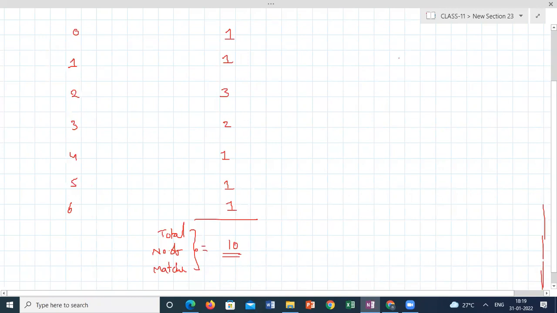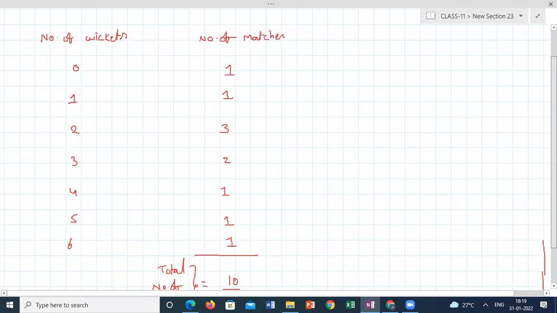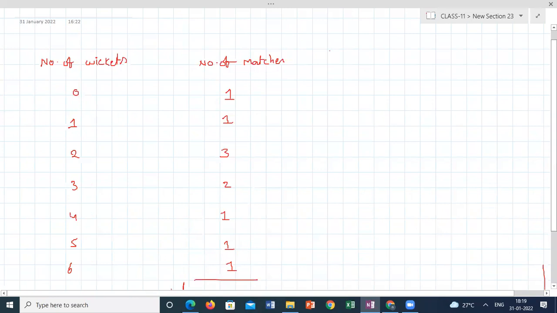Now, this is the data they will usually give. If I give this table and ask you to calculate the mode of the frequency distribution table or the mode of this given data, how to do it?